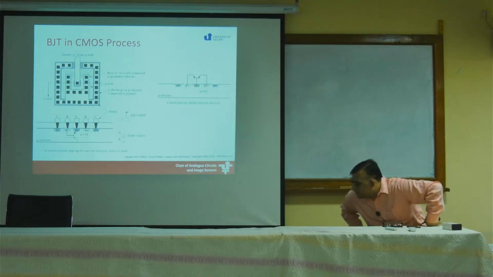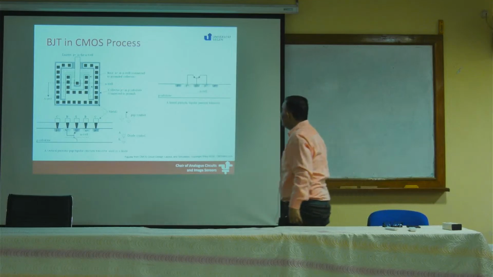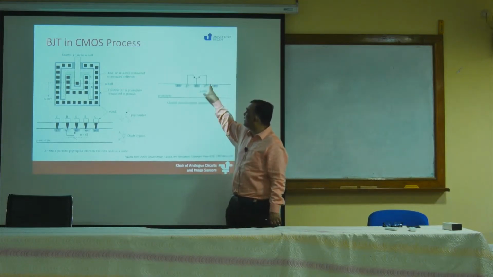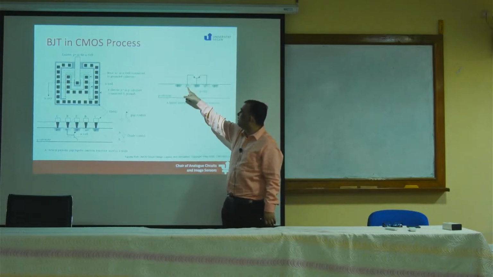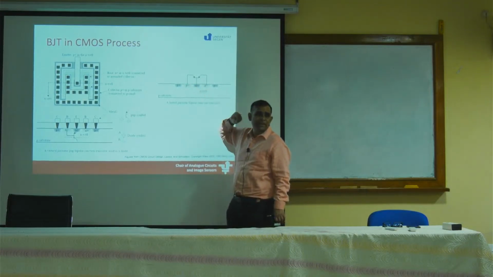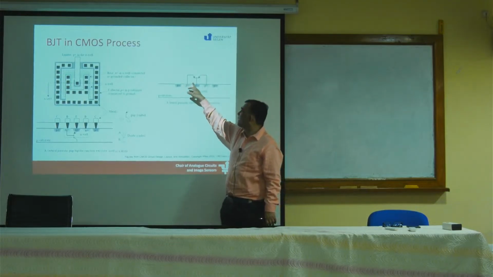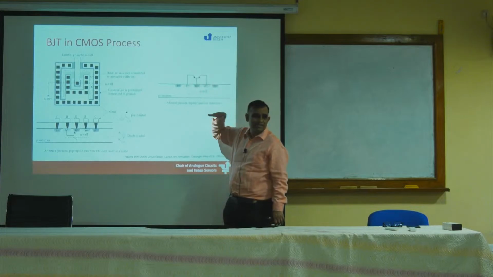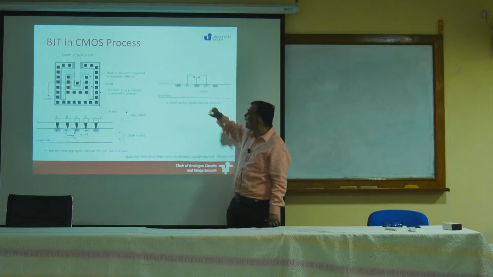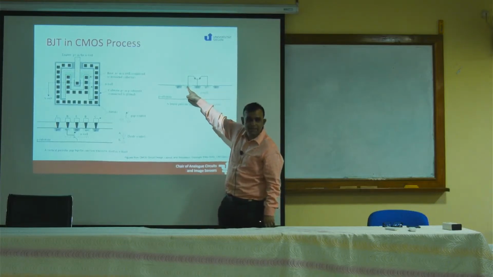So if you look here, if we create a P-type transistor in an N-well, I would have created an N-well and deposited some P plus. If I make a structure like this, I put a P plus here, N plus here, and P plus here in an N-well, I am not trying to make a transistor, but I am getting a parasitic transistor here. This is a horizontal parasitic transistor. If you think of this structure, there is P plus here.